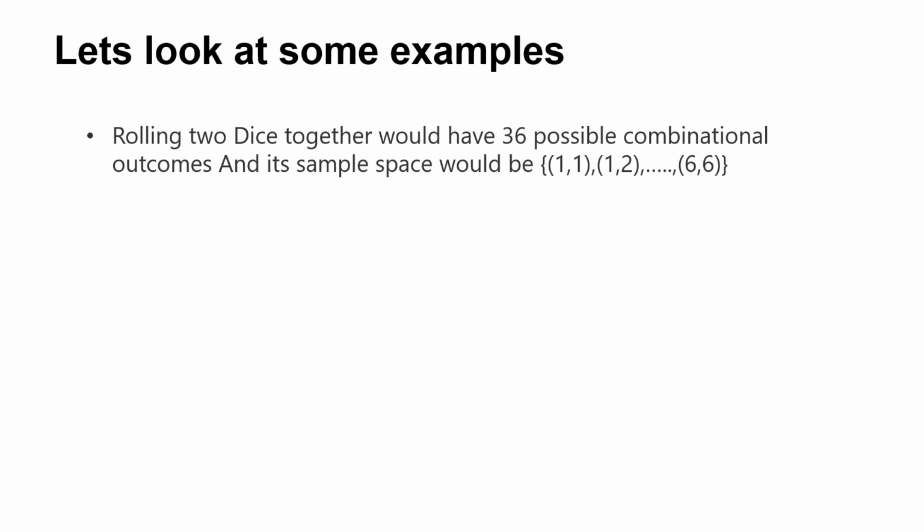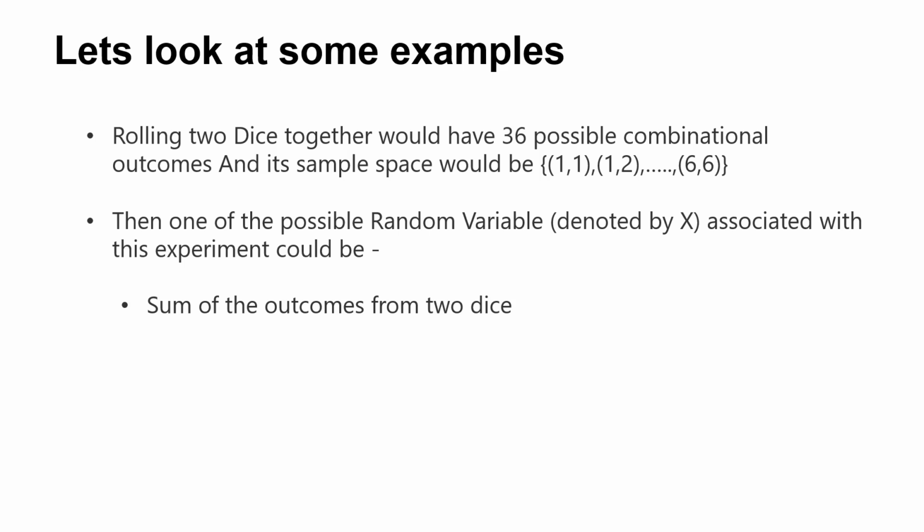What do you think? What kind of random variable can there be for this kind of experiment? Remember, a random variable should have a numerical output, right? There could be multiple random variables attached to a random experiment, but in this case, one of the random variables associated with it would be the sum of outcomes from two dice.